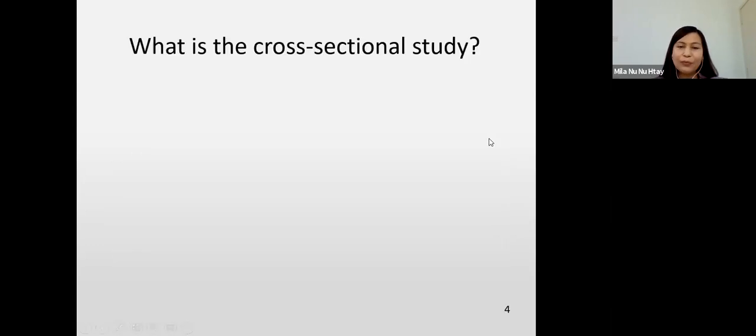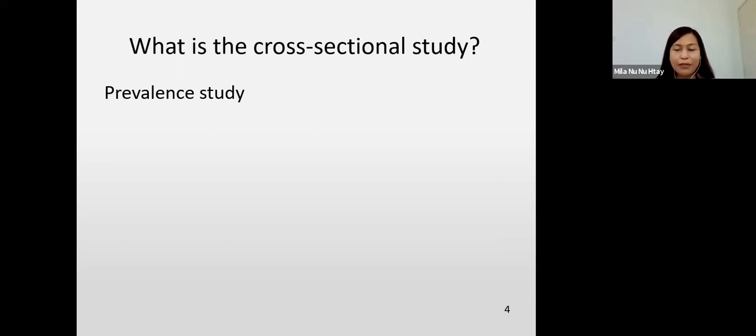Okay. So first of all, what is the cross-sectional study? Everyone is very familiar with the cross-sectional study, right? Maybe you have conducted a cross-sectional study before, or maybe you have read published articles of cross-sectional studies. The cross-sectional study is also known as the prevalence study, because it can investigate the prevalence.